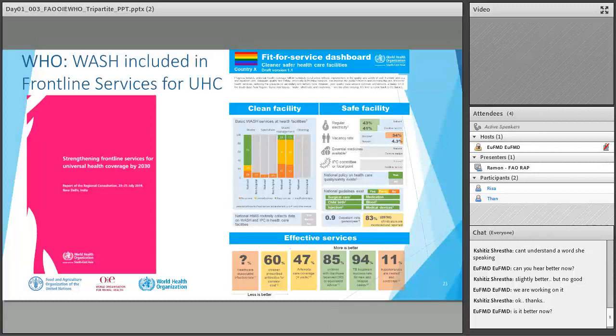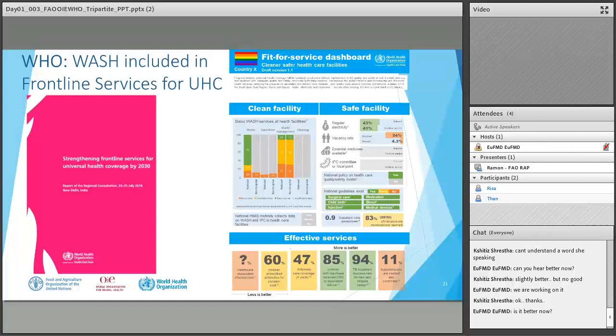It includes information on WASH in hospital and non-hospital locations, but also regular electricity, vacancy rates of staff, whether essential medicines are available, whether there is an infection prevention and control focal point, whether there are policies, whether there are national guidelines, etc. And then looking at the indicators in terms of healthcare-acquired infections, children being prescribed antibiotics just for a common cold, antenatal care coverage, and various other issues.